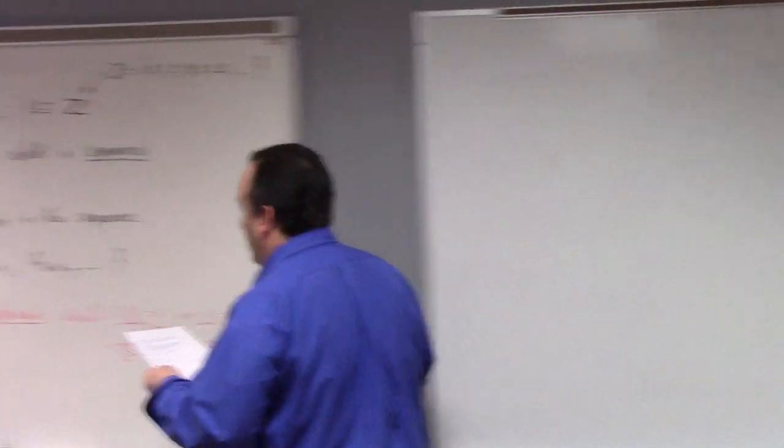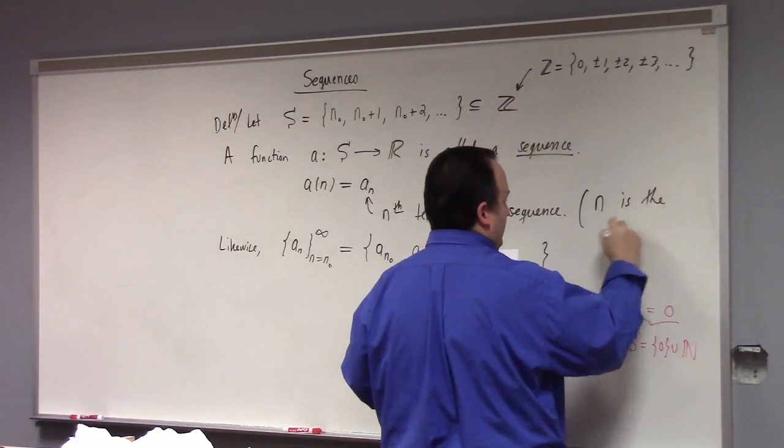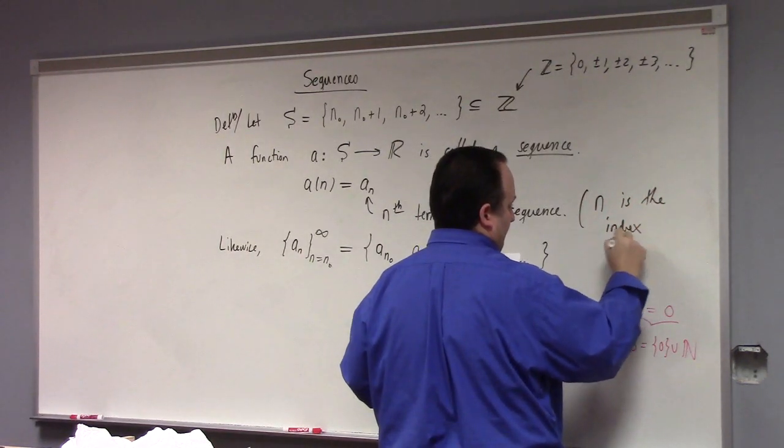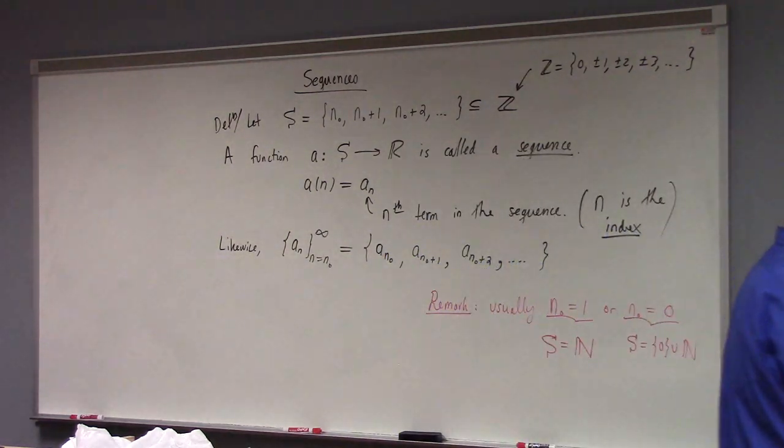By the way, I should also mention n is the index. That's the name of n. It's the index of the sequence. And the index is not written in stone either, right? Let me give you an example.